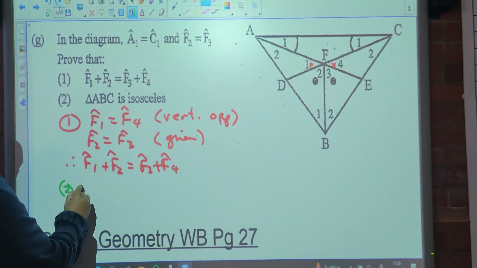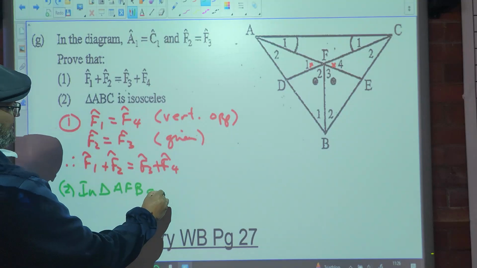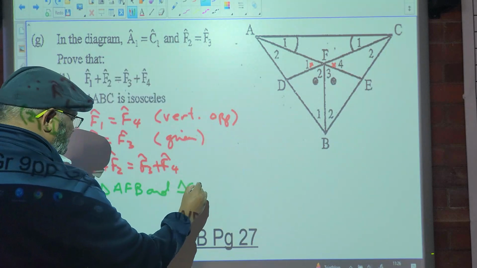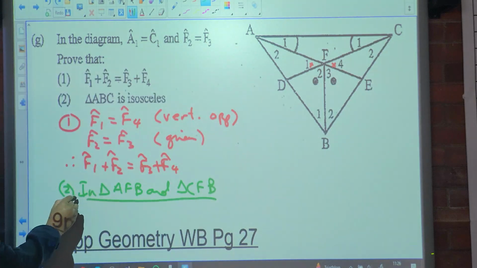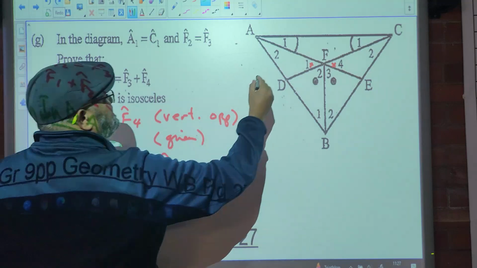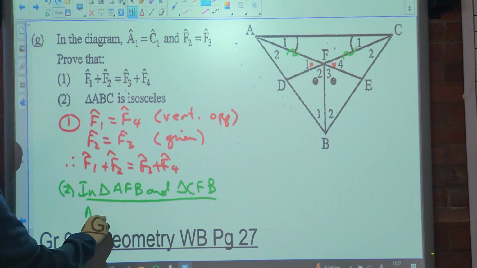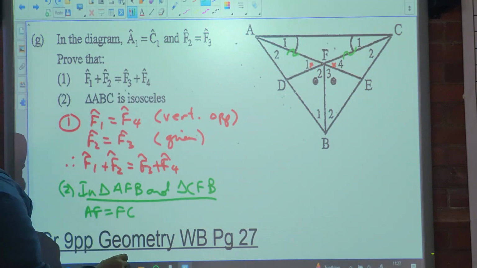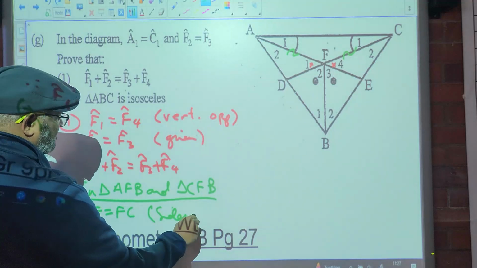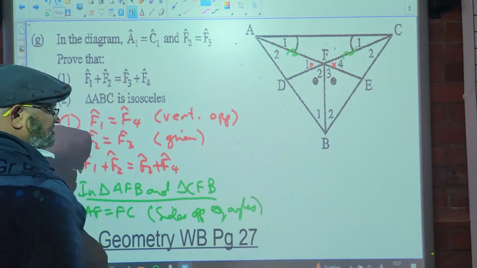In triangle AFB and triangle CFB, what can we say? We can firstly say that AF is equal to FC. Why? The sides opposite equal angles. Okay.